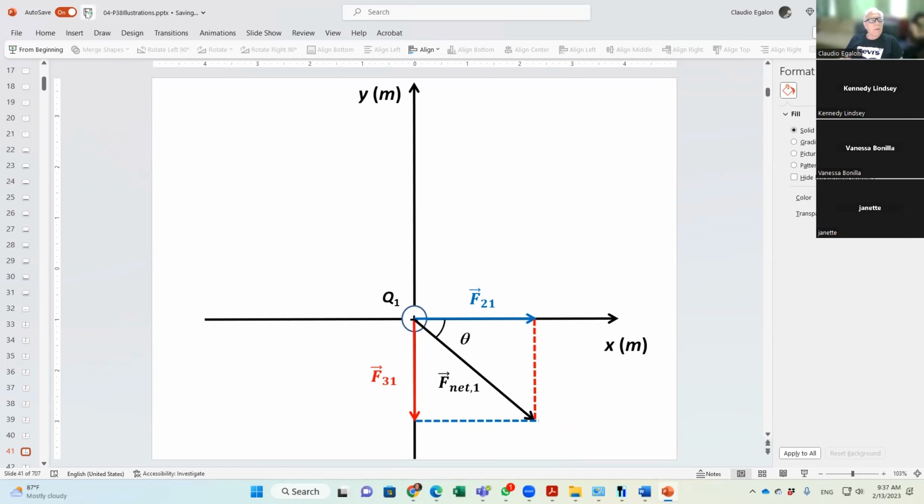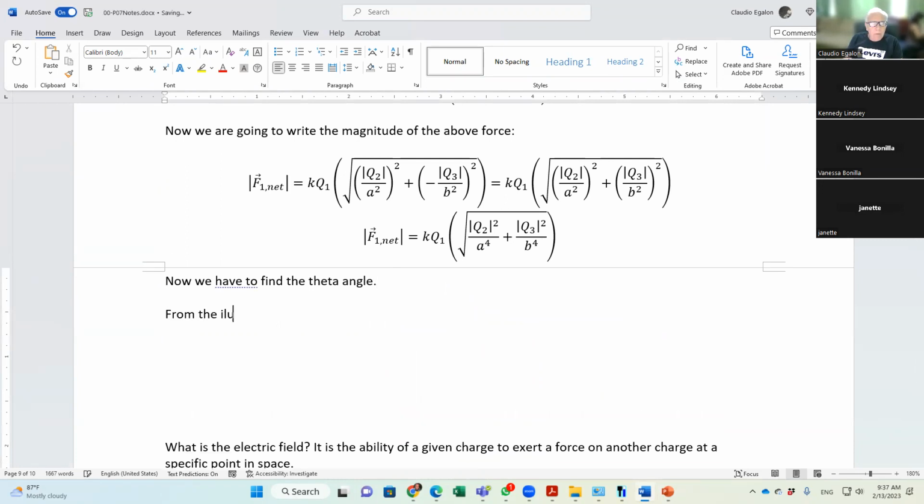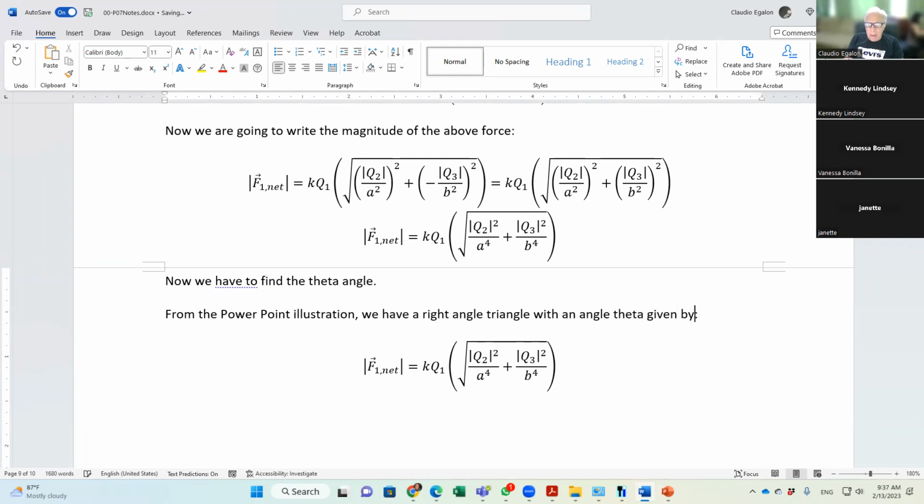Let me save it. From the illustration, from the PowerPoint illustration, we have a right angle triangle with an angle theta given by, here you go.